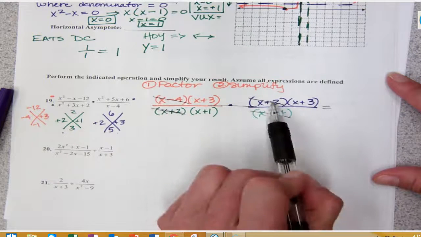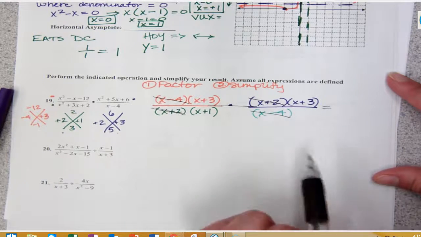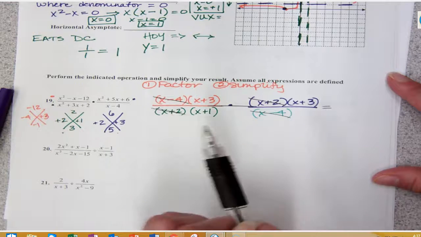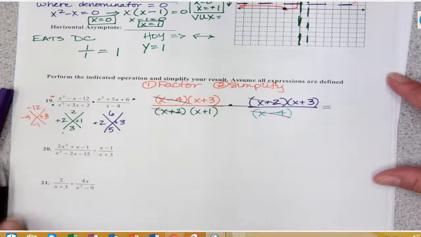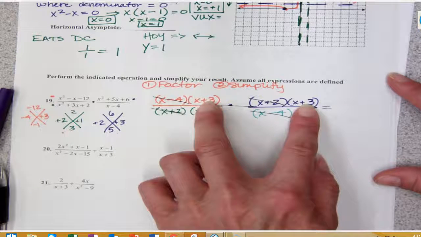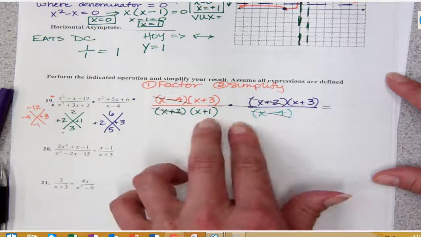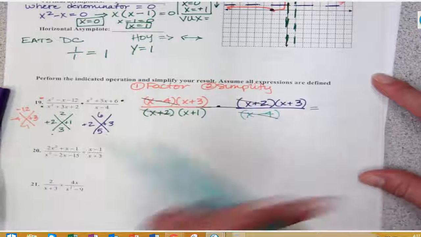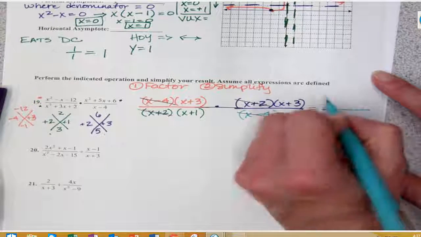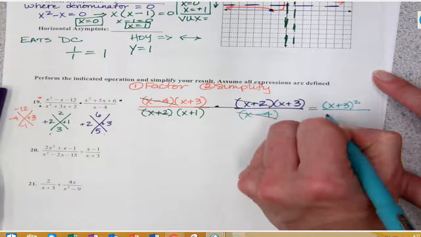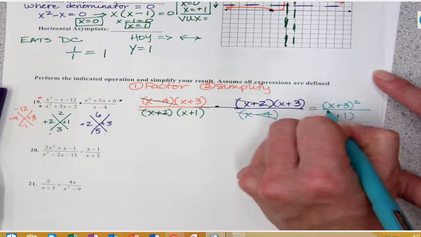X plus 2 divided by x plus 2 is going to give you 1. All right, so x plus 3 and x plus 3 are both in the numerator. You cannot cancel those out. They are both in the numerator, and x plus 1 is in the denominator. So we're going to be left with x plus 3 squared over x plus 1.